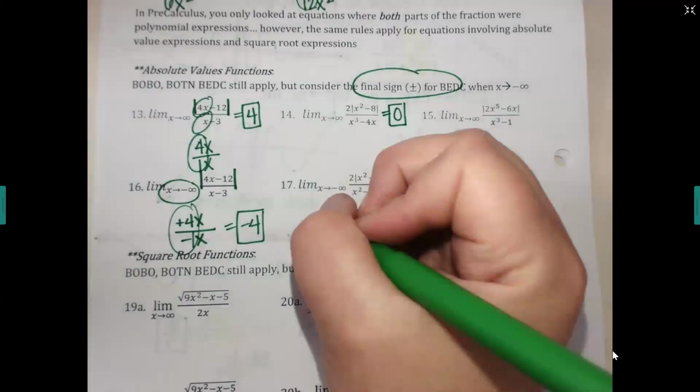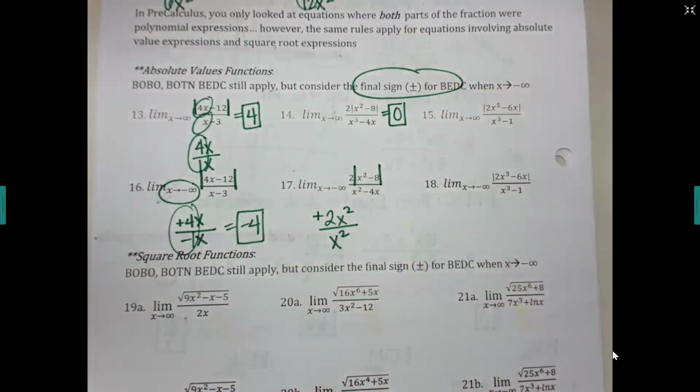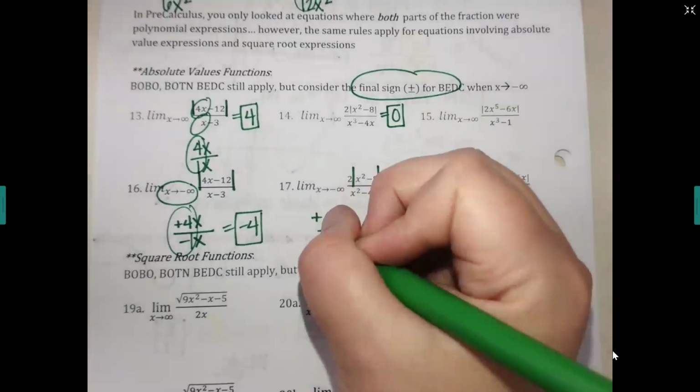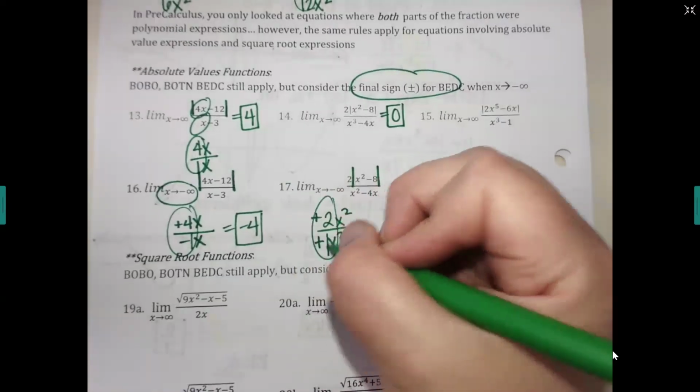So mark the top as positive, because absolute value bars always turn it positive. Okay, now on the bottom, I'm taking a negative, but I'm going to square it. So what's a negative times another negative when I square it? Positive. Then the bottom this time comes out also positive. Then 2 divided by 1 gives me 2.